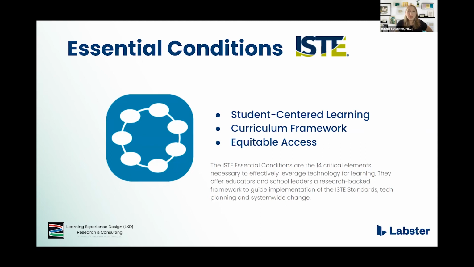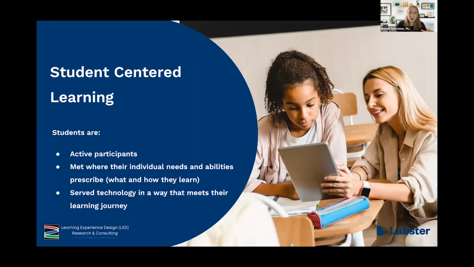And these essential conditions are 14 critical elements, one of the examples that they already have and is available to the public, in thinking about how to support learning sciences in student learning. So we're going to dovetail our learner variability with our student-centered learning. And then we're going to expand on the curriculum framework and then come back out and think about equity.